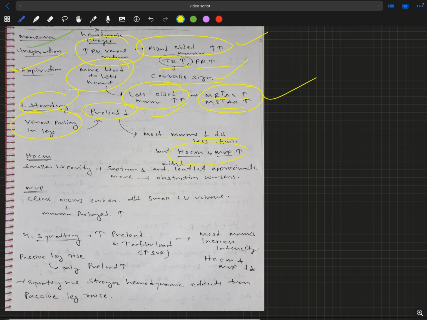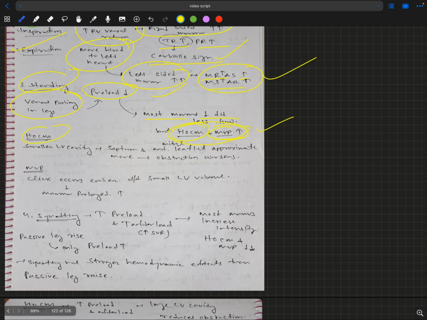But HOCM and MVP, their intensity will increase. In MVP the duration will increase. In HOCM the intensity will increase on standing because of decreased preload. The cavity size is reduced. We have discussed the mechanism earlier. In case of HOCM, there is a smaller LV cavity, so the septum and anterior mitral leaflet approximate more, obstruction worsens, and the murmur is loud.